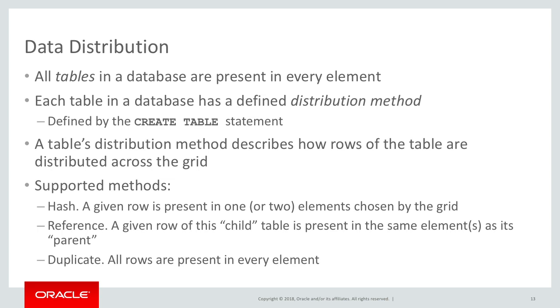There are 3 different methods that we support in the first release, and different tables in a database can use different methods. The distribution method describes how rows of the table are distributed across the grid. In TimesTen 18.1, there are 3 supported distribution methods: hash, reference, and duplicate. And we'll talk more about what those mean in the next couple of slides.